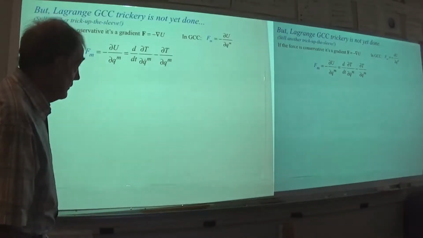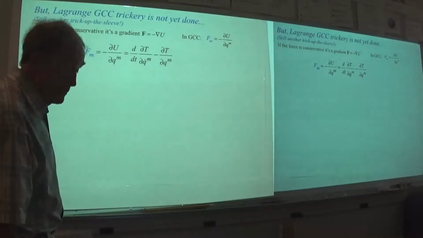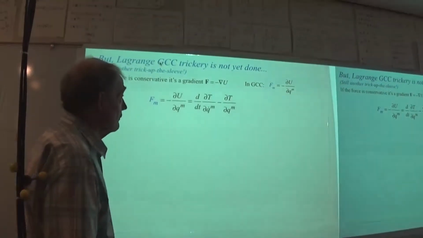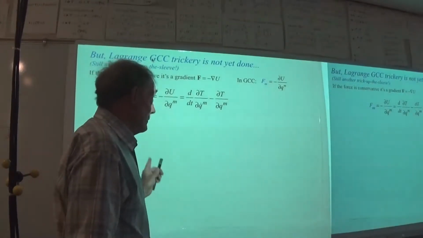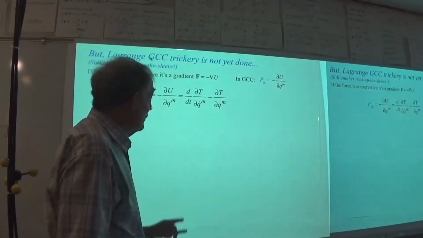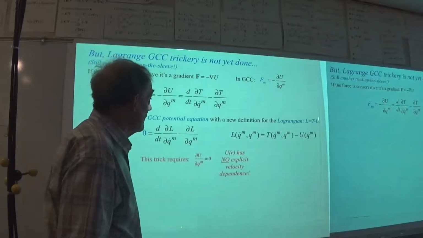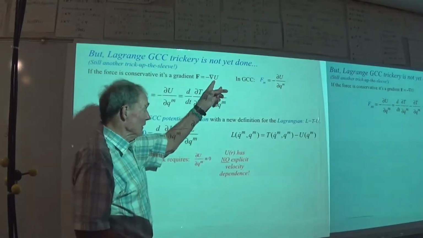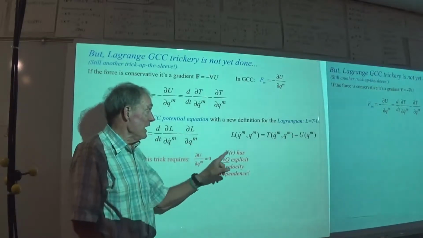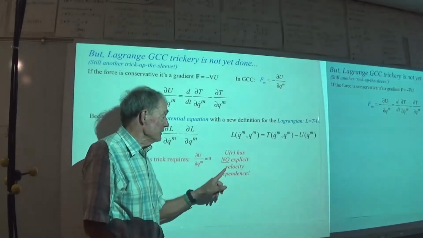But let's go for the one that works the most when you're doing studies of particles and fields and so forth. Well, electric fields. Magnetic field takes some extra work. And the reason the magnetic field takes extra work is that this U here must have no explicit velocity dependence.